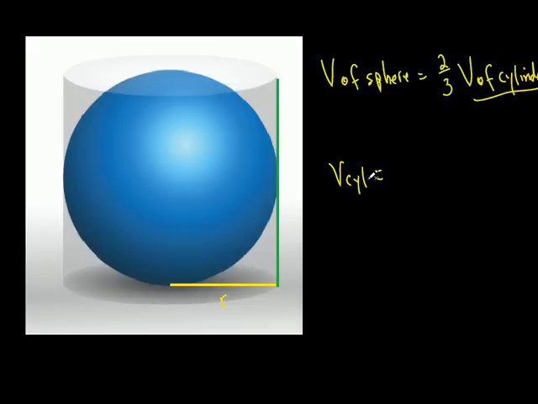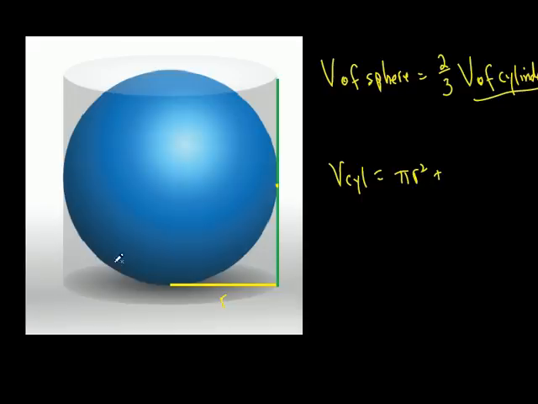So if you look at this cylinder, the area of the base is a circle, so it's pi r squared times the height. Now we could just put h for height, but this is a sphere inside of the cylinder. So if you think about it, this right here would be the radius, and then this right here would be the other radius. So really this green one right here is the diameter, or it's 2 radii.